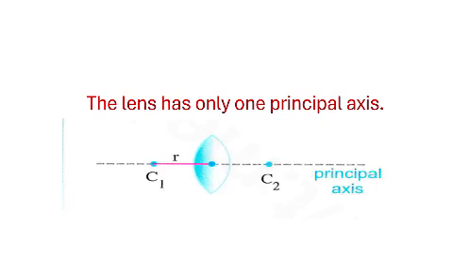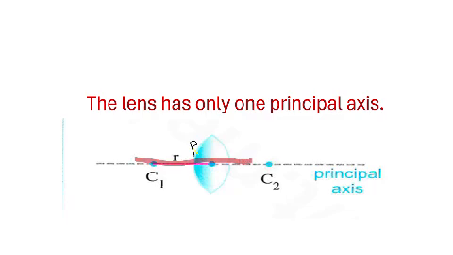By the way, don't forget that this point is unreal, or imaginary. Let me clarify it more. This straight line joins or passes through the two centers of curvature and the optical center.